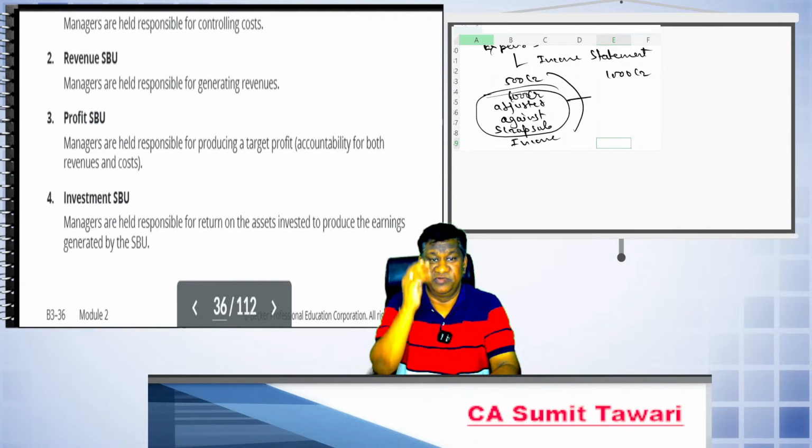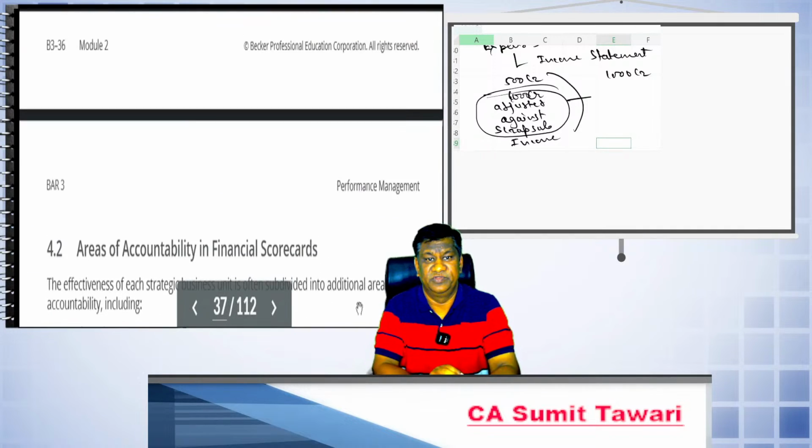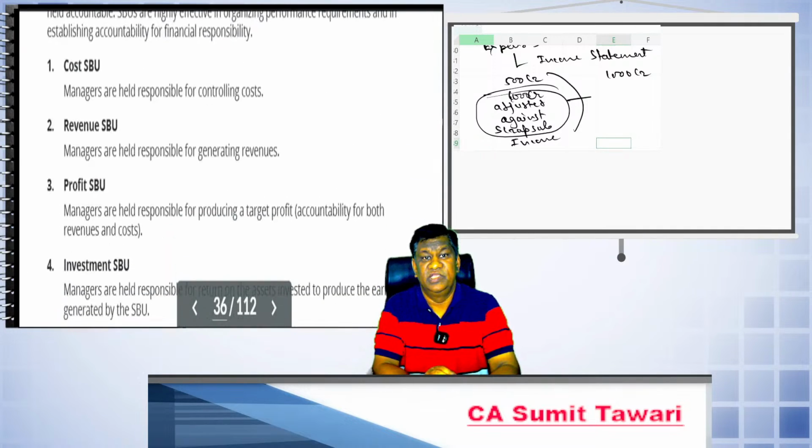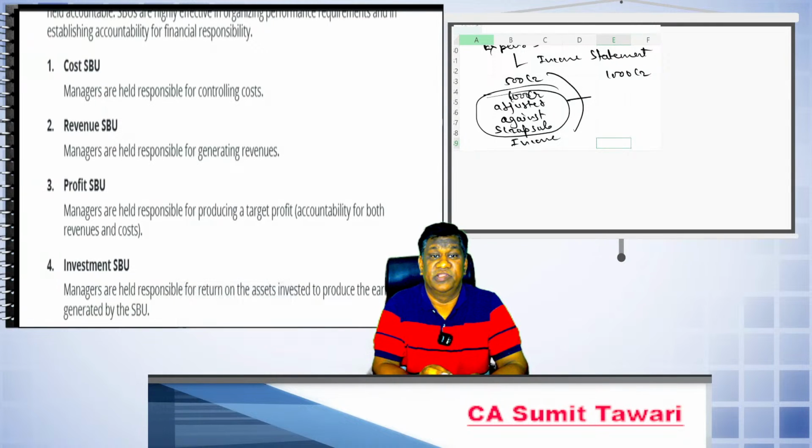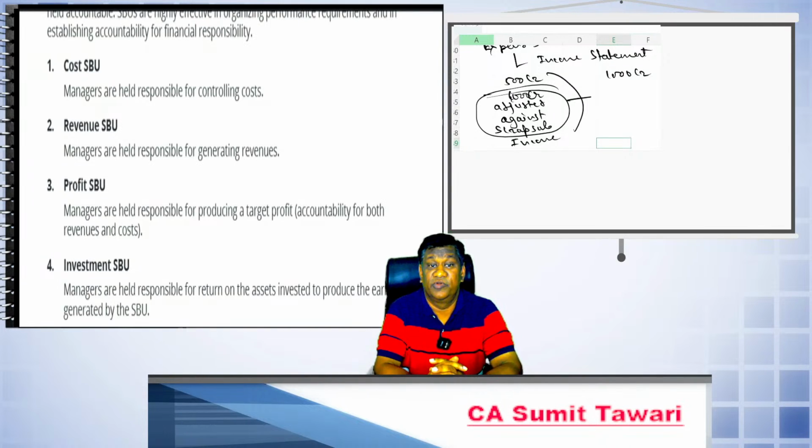So for SBUs: those people who are only responsible for controlling the cost, this is the cost SBU. Managers held responsible for generating revenue, this is the revenue SBU. Profit managers are responsible for producing a target profit, with accountability for both revenue and cost. And investment managers are held responsible for return on the asset investment, to produce the earnings generated by the SBU.